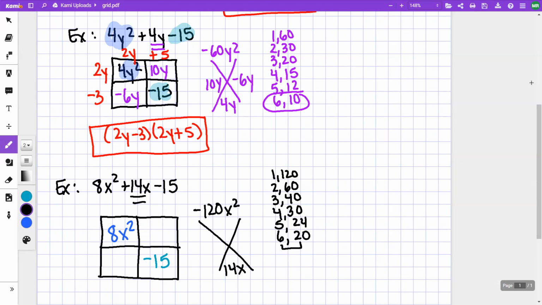And that is going to be a difference of 14. So I'm going to have a 20x and a negative 6x.